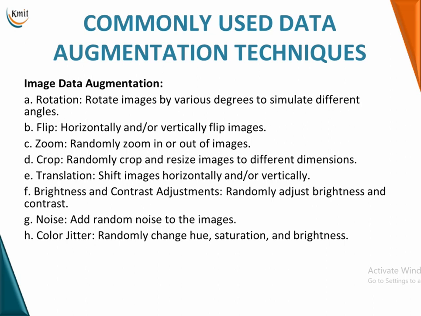You could add some random noise to the images, you can add some color details by adjusting the brightness, saturation and the color hue of a particular image and reproduce several images with it. So that's how you can amplify the amount of your training data set, particularly if you're using an image data set.